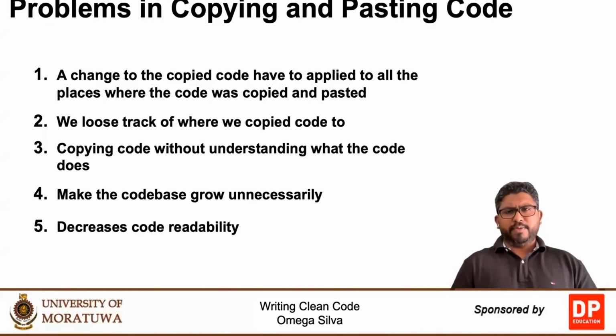Now, why is copying and pasting bad? To start with, let's assume that you have copied the return date calculation logic in 5 places. If you want to update this logic, let's say you want to increase the number of days from 14 to 21, now you have to go to all these 5 places and update the code.